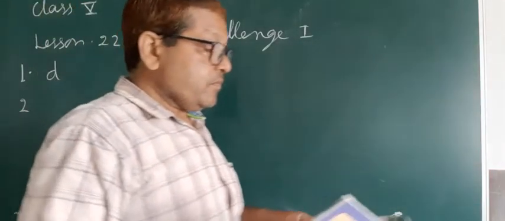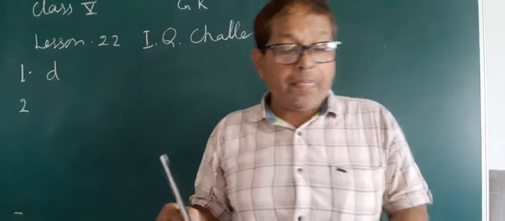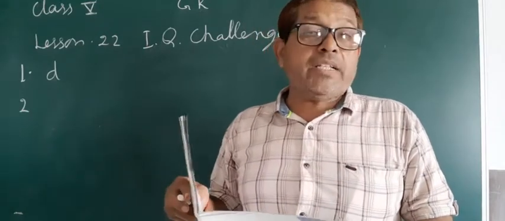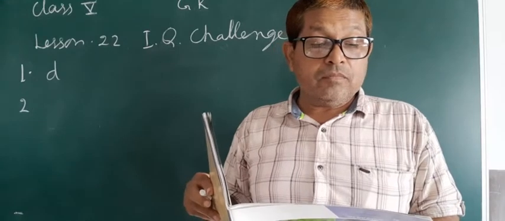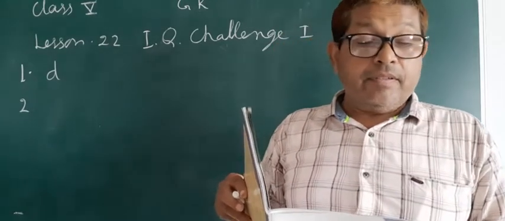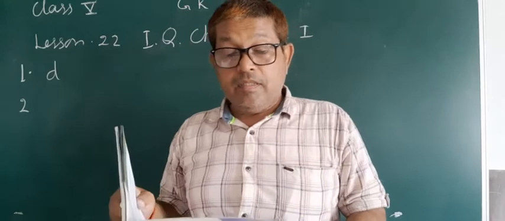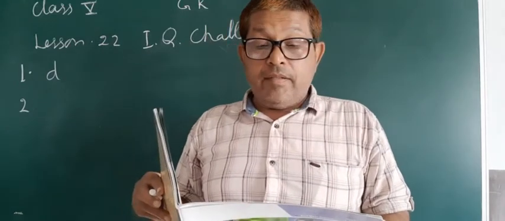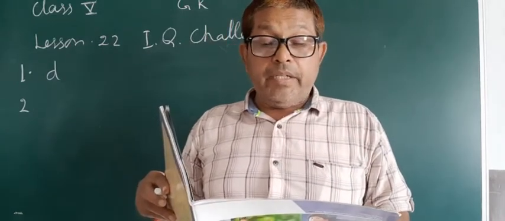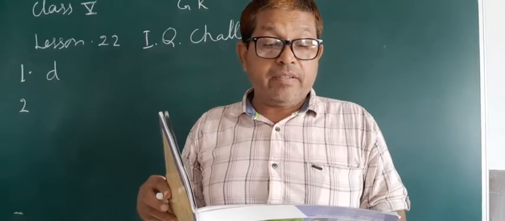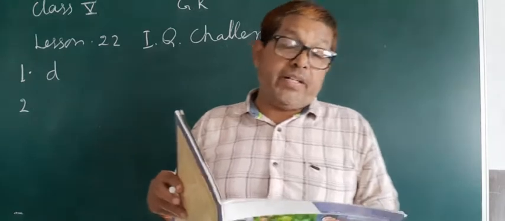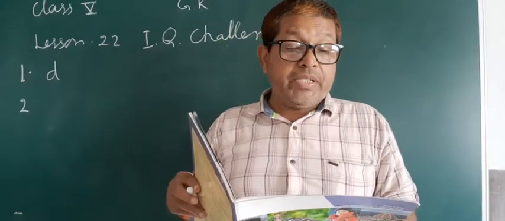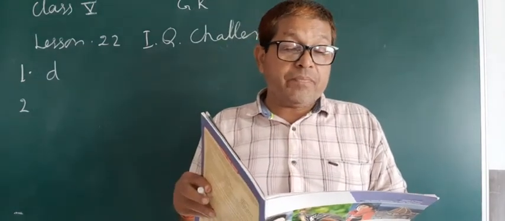Now see second, four squares are given, and three squares are divided into 4 equal parts. B, you see, is divided into 4 equal parts.